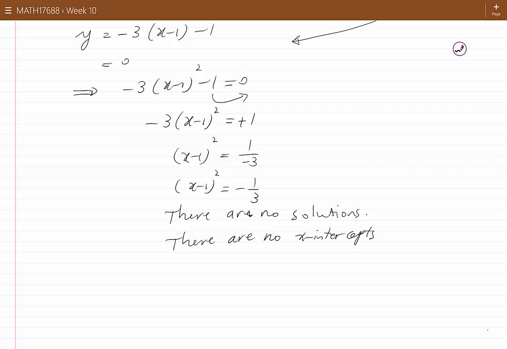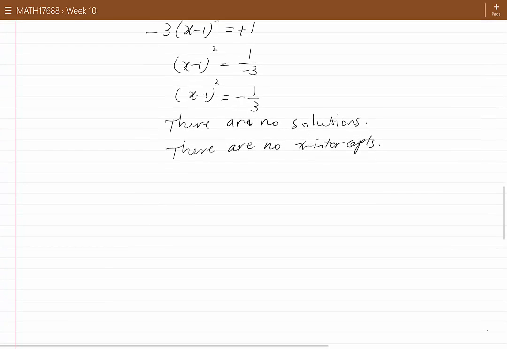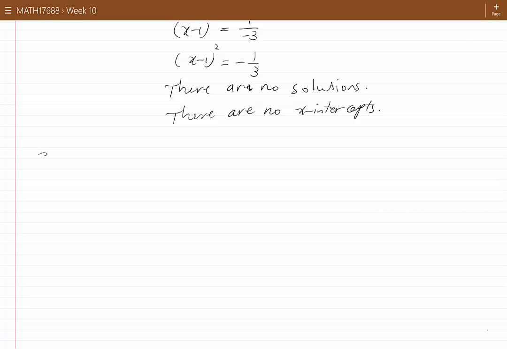Let's now look at the third example. y is equal to minus 0.2 x squared plus 0.8 x minus 0.3. I factor the coefficient of x squared from the first two terms.